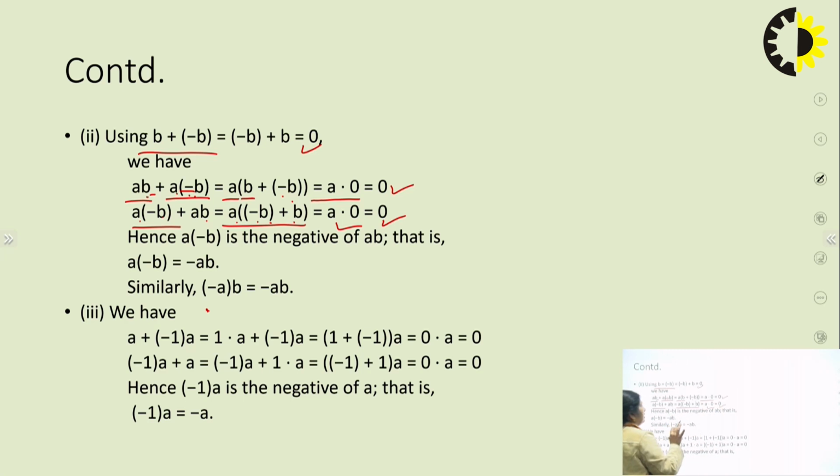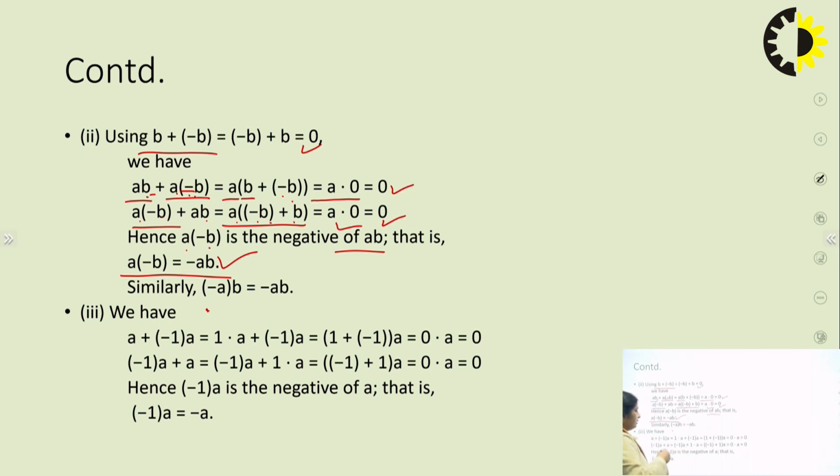So we can say here that it is negative of AB. It means that by taking the additive inverse of B, multiplying A with negative of B is the same as finding the negative of the multiplicative answer of A and B.